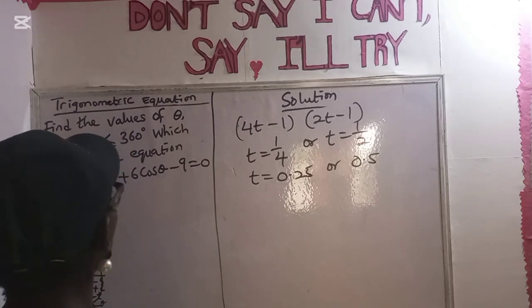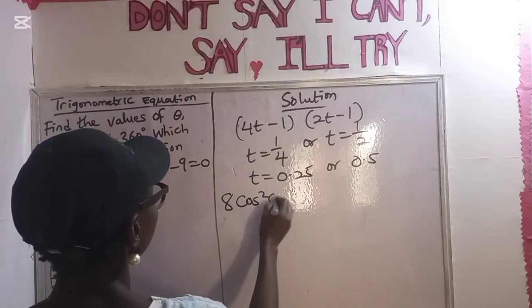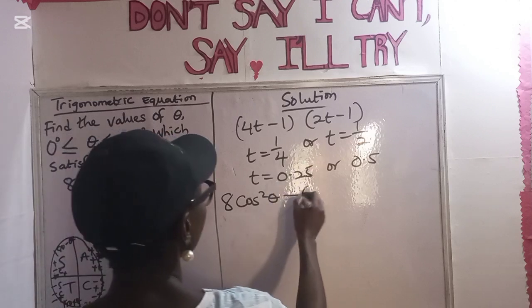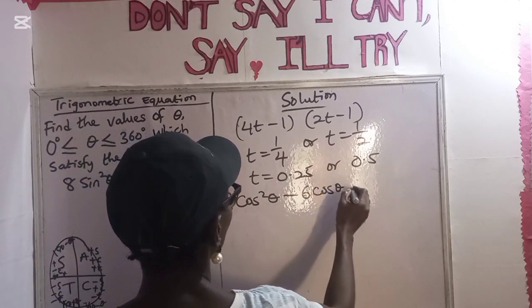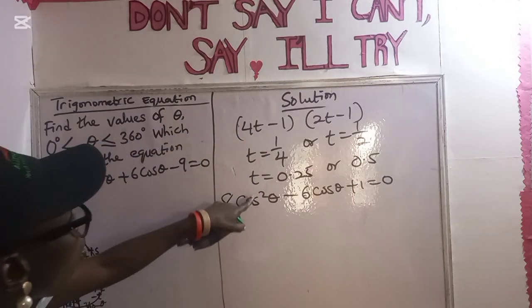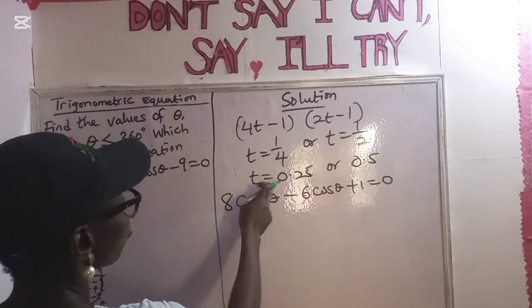Now we have gotten to this extent. We are going back to the equation which says 8 cos squared theta minus 6 cos theta plus 1 equal to 0. We represented cos theta to be t.